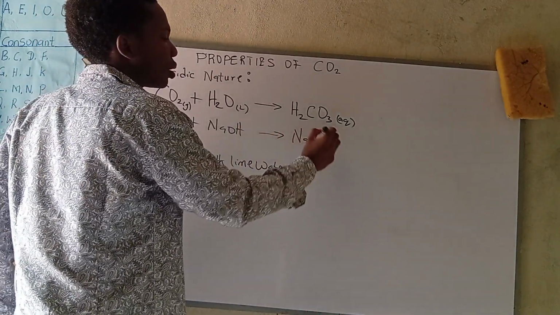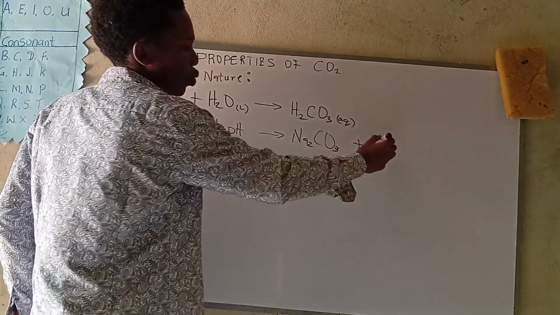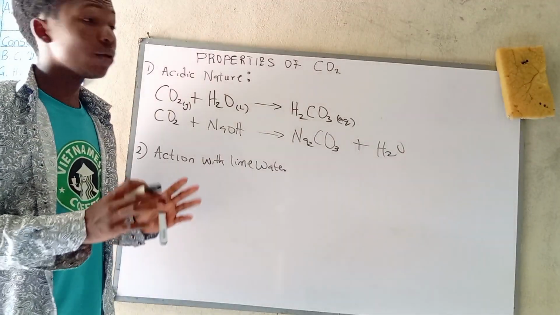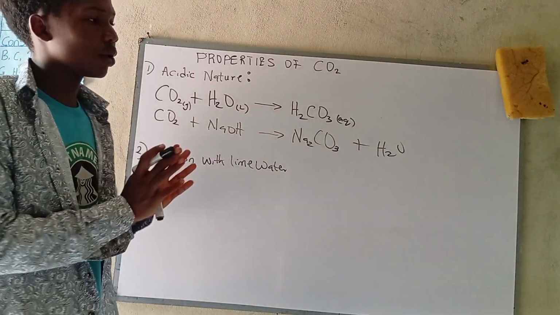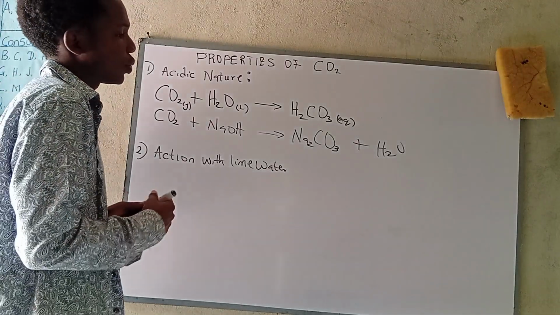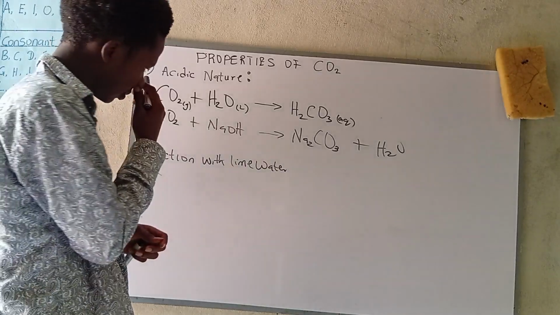Sodium trioxocarbonate(IV) and water, as I said earlier. Okay guys, from the look of things, we can see that this equation is not yet balanced. So we have to look at it. We find out that sodium is 2 here, only 1 sodium here.